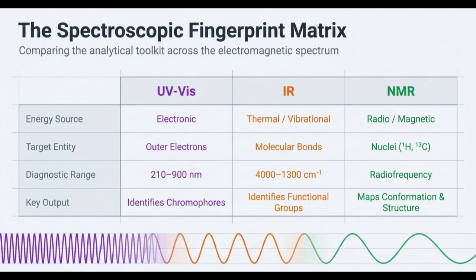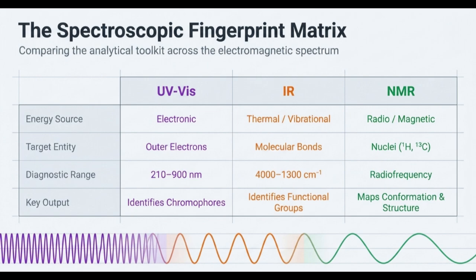If we compare the three main spectroscopic techniques across the electromagnetic spectrum, we see a clear pattern of complementary strengths. UV-Vis uses electronic energy to target outer electrons and identify chromophores, operating in the range of 210 to 900 nanometers.